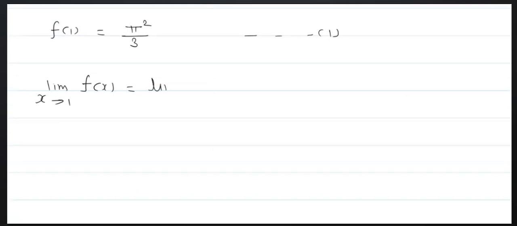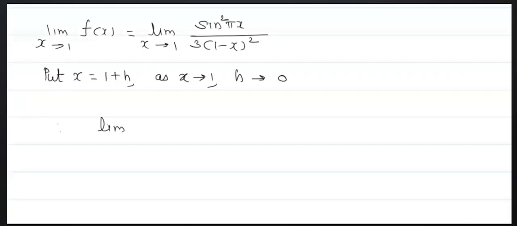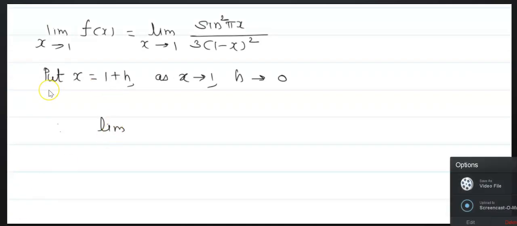Limit x tends to 1 of f of x, sin square pi x upon 3 (1 minus x) square. Therefore here we will take the substitution x equal to 1 plus h. As x tends to 1, h tends to 0.